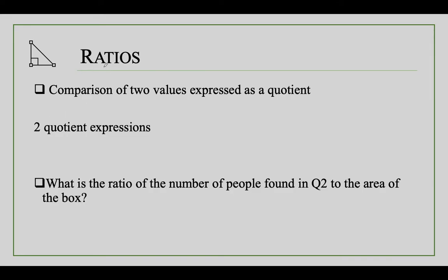So number one, the definition of a ratio is the comparison of two values expressed as a quotient. Oftentimes you see ratios expressed in two ways. One is with a colon. Okay, so like that. And the second way is as a fraction. So this is a colon, and there's a fraction.